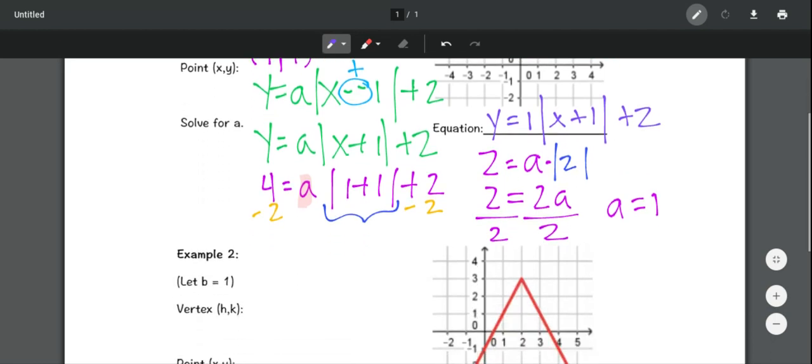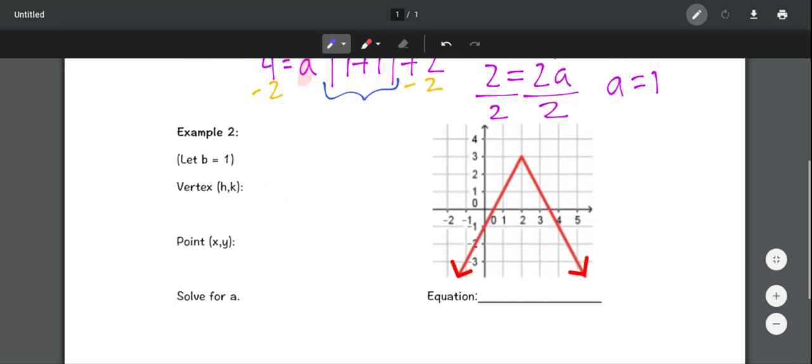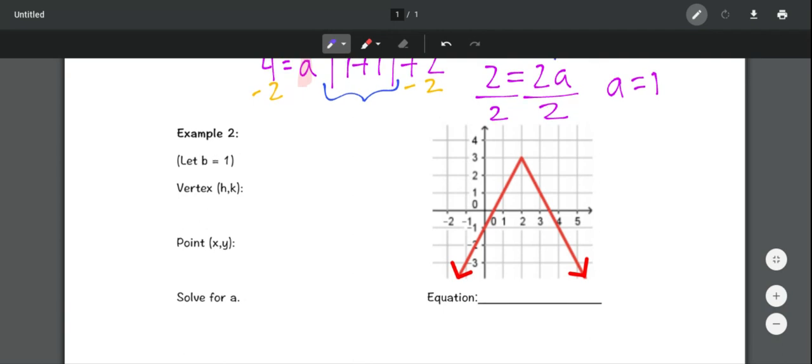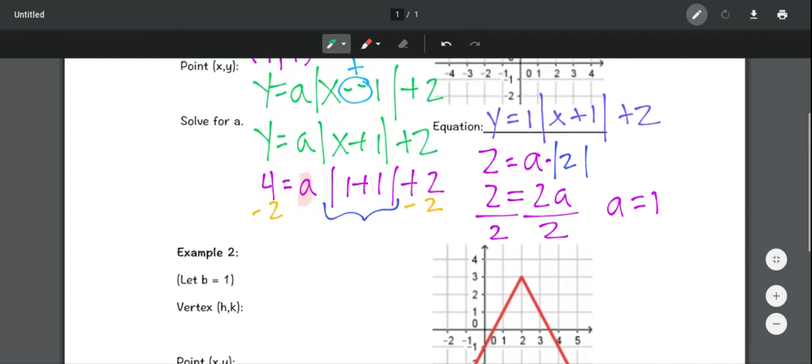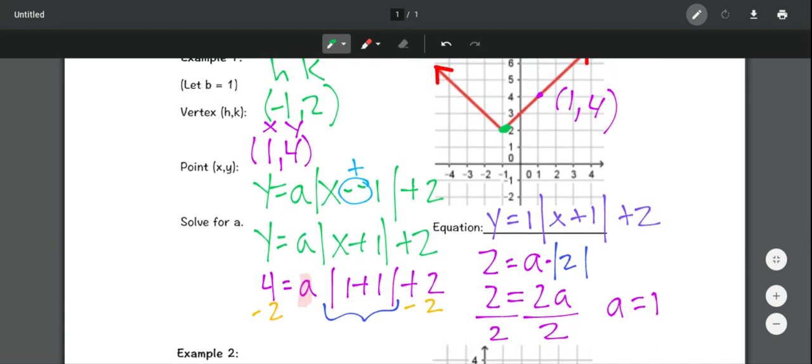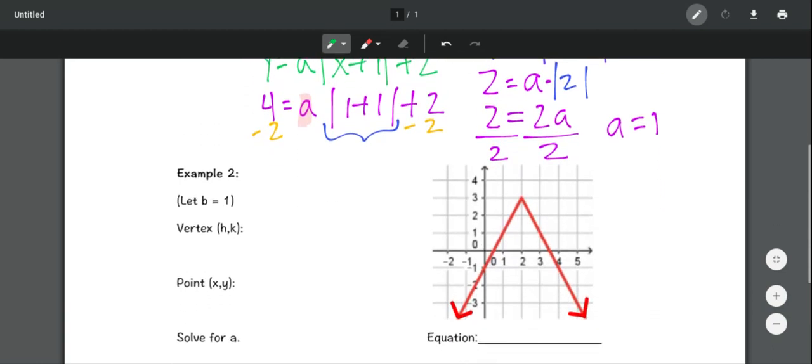Okay, so let's take a look at another example here. Once again, we're going to let b equal 1, so we're solving for a, h, and k. My vertex is going to be at this point here, and it is at 2, 3. So that's going to be my h and my k value.